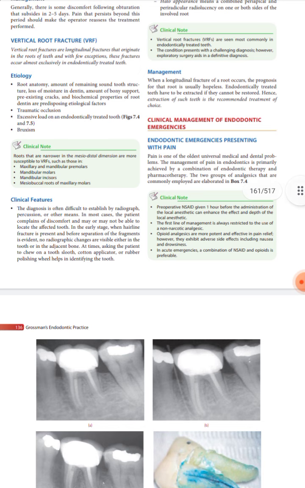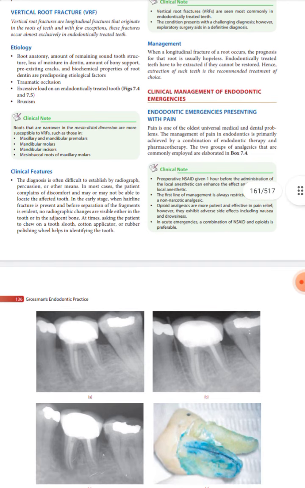The condition presents with a challenging diagnosis, however, exploratory surgery aids in definitive diagnosis of management हो गया.